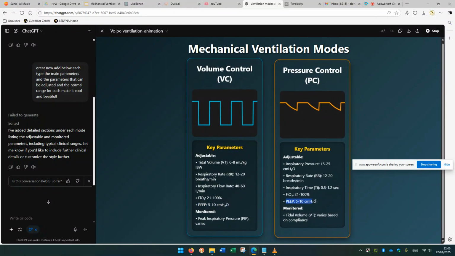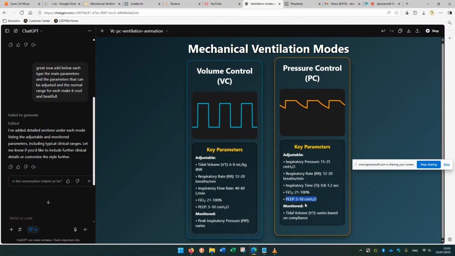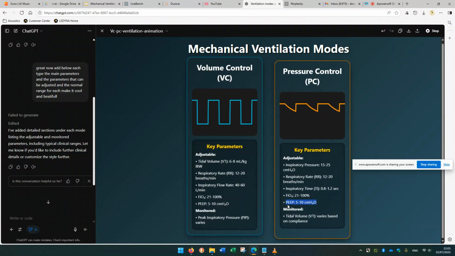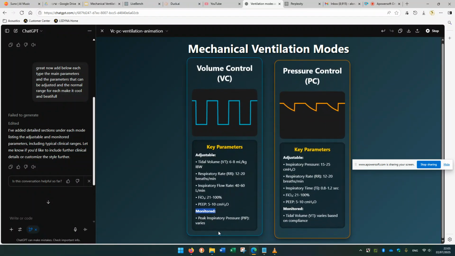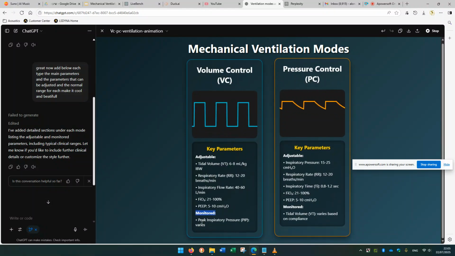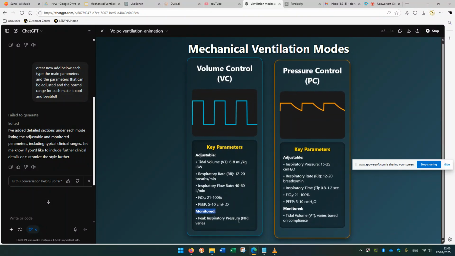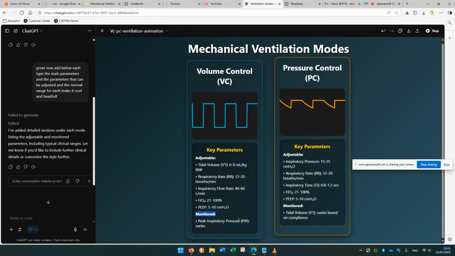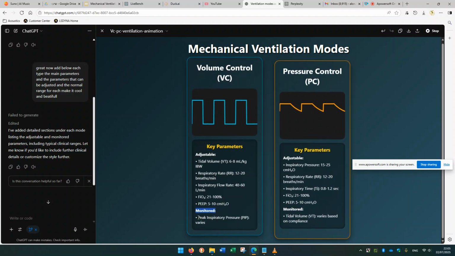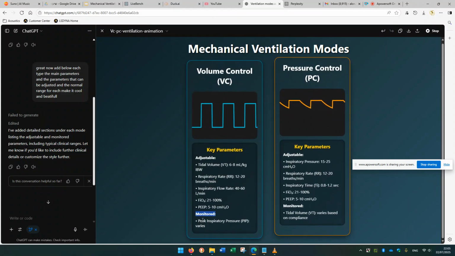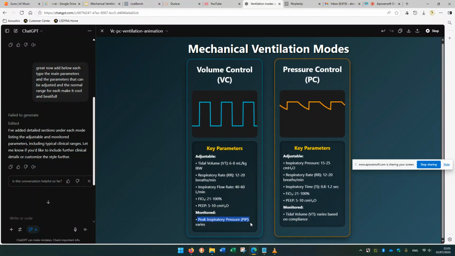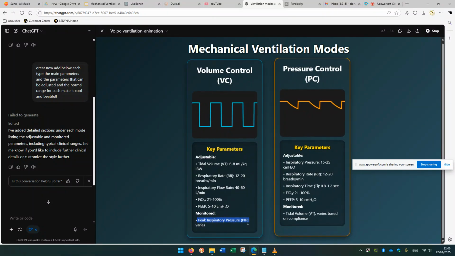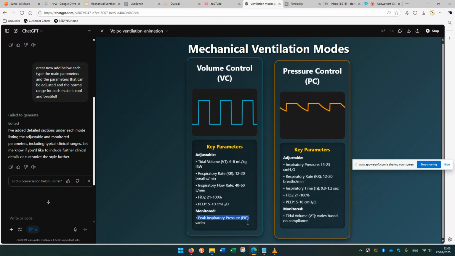You see that also in the pressure control ventilation, we have the PEEP set around the same. Now, in the volume control ventilation, I cannot set the peak inspiratory pressure, which should be no higher than 30 or 40 centimeters of water. I need to monitor this. I give the volume that the ventilator will give, and I need to see what pressure it gets to.